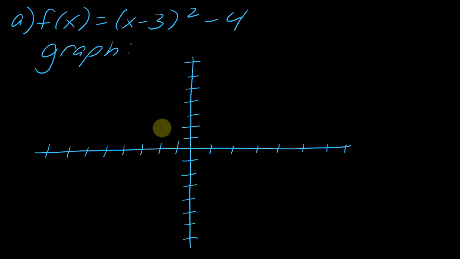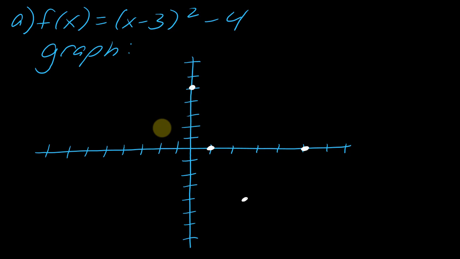Okay, now I want to graph this. We already said that I'm going to go 3 and down 4, so there's where my graph starts. Then I'll go ahead and plot my x and y intercepts. So I have 1, 0, and then 1, 2, 3, 4, 5. There's my other x-intercept. I also said that 0, 5 was my y-intercept, so 1, 2, 3, 4, 5.